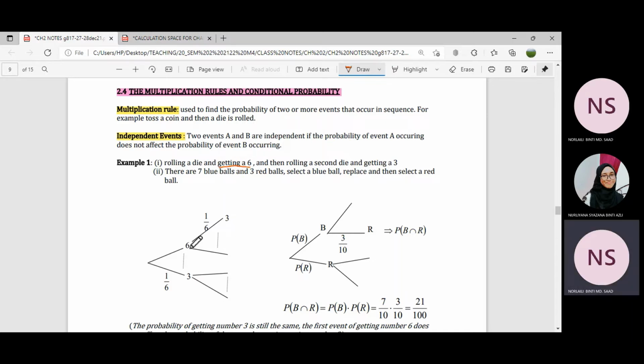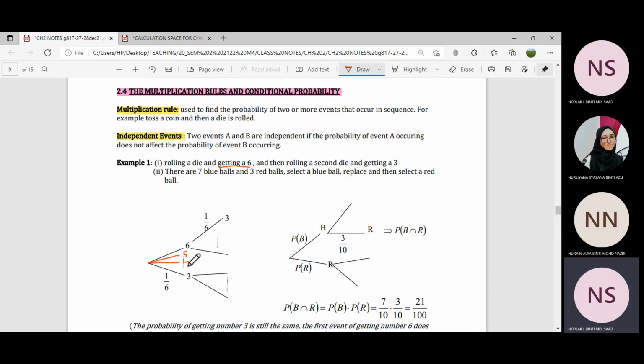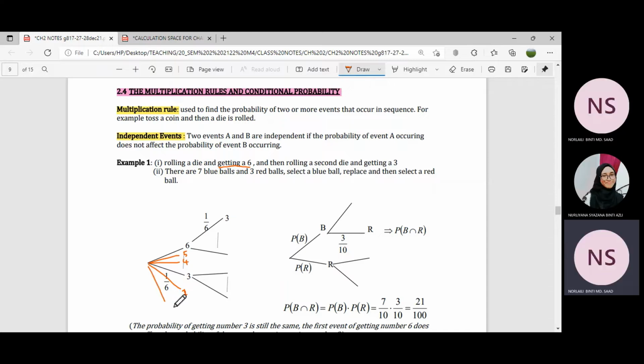Let's say here we have number 6, this is 5, this is number 4, number 3, number 2, and number 1. So the outputs are 1, 2, 3, 4, 5, and 6.